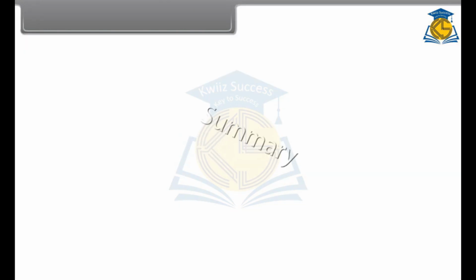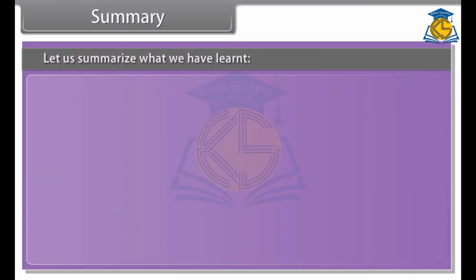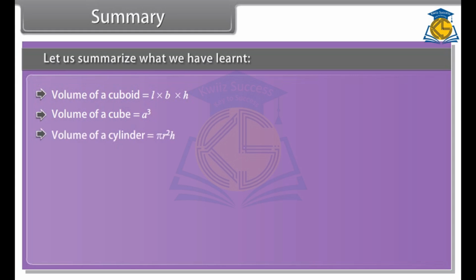Summary. Let us summarize what we have learned. Volume of a cuboid is equal to L into B into H. Volume of a cube is equal to A cube. Volume of a cylinder is equal to pi r square h.